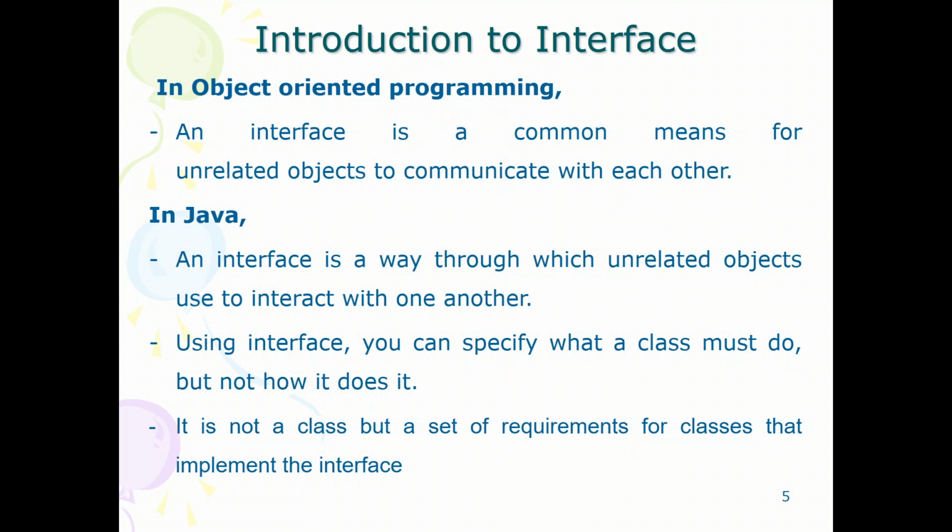That connection is called an interface. An interface is a way through which unrelated objects interact with one another. Using an interface, you can specify what a class must do, but not how it does it. It is not a class, but a set of requirements for classes that implement the interface.